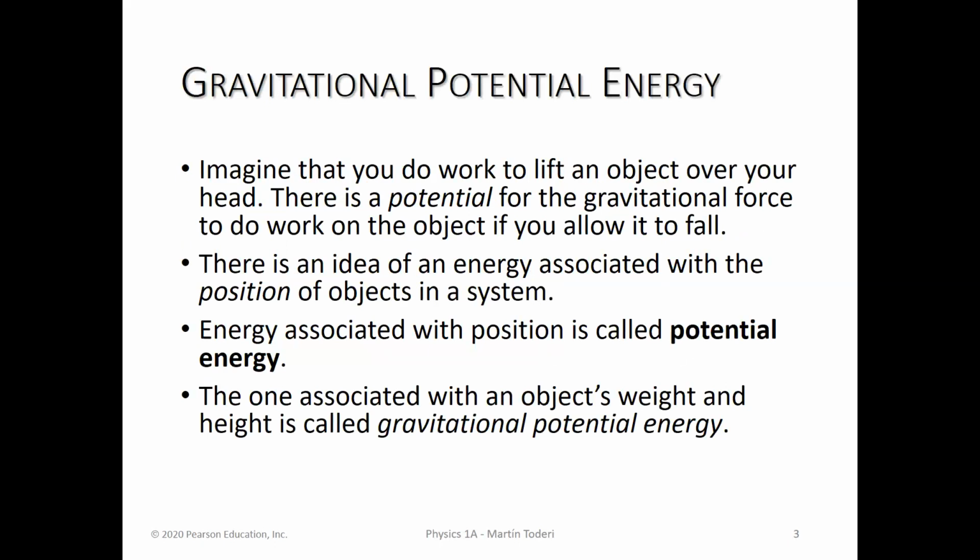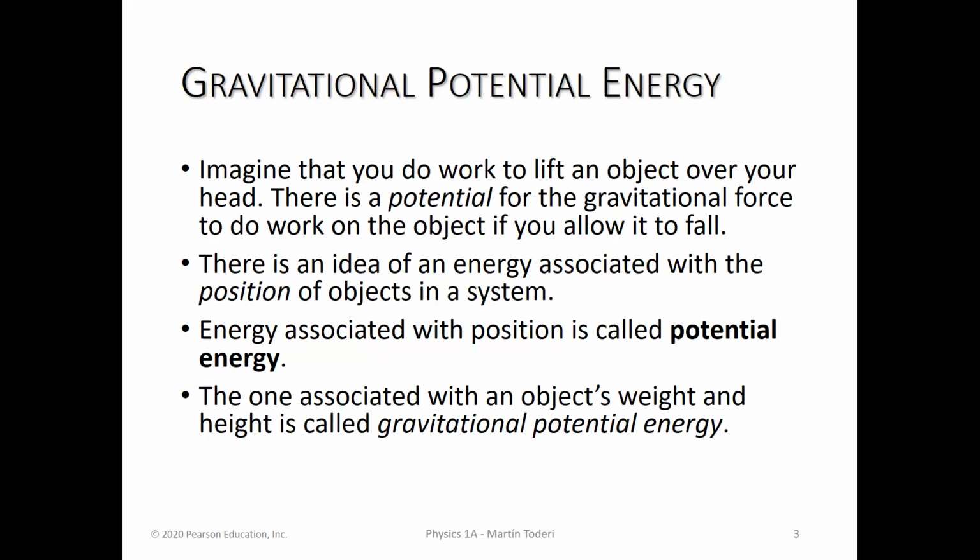All right, so let's start with gravitational potential energy. So imagine that you lift an object, right? You're applying a force on it to lift it. So there must be some work there in order to get that action.